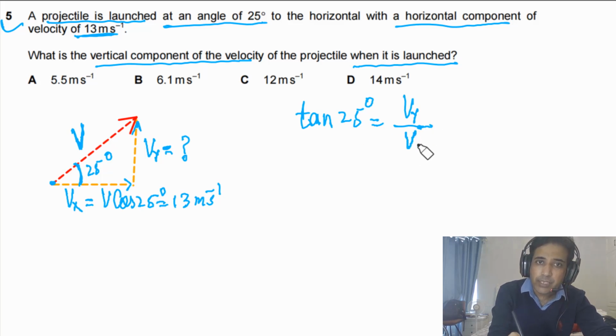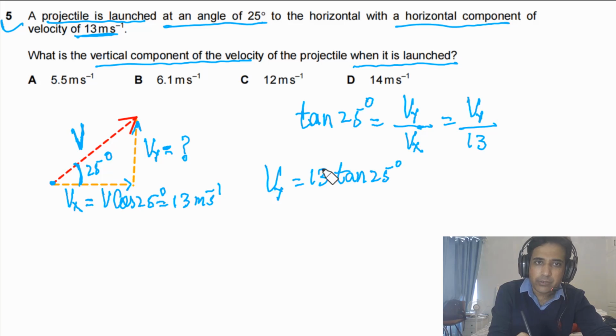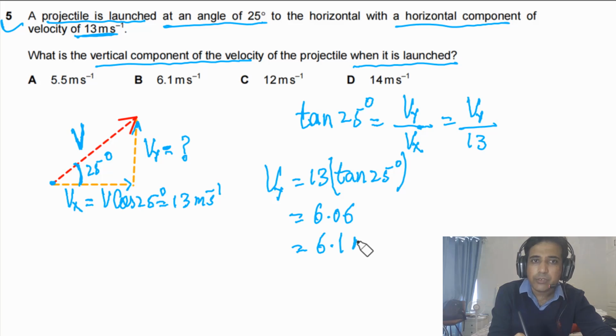And the value of vx we have, so we can say this is vy divided by vx, and vx is 13. So simply vy in this case will be equal to 13 times tangent of 25 degrees. We can use bracket here. Now if we solve this one, we will get 6.06. So up to 2 sf, as given data has 2 sf, we can simply say this is 6.1 meters per second.